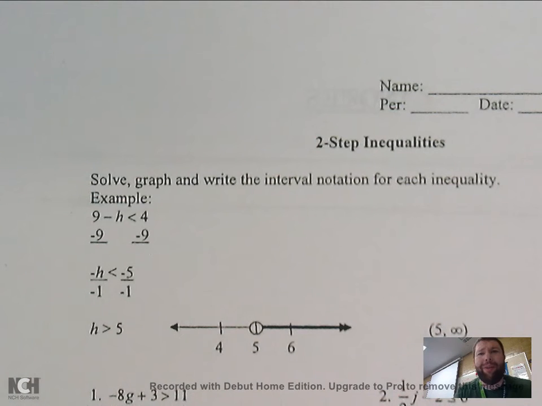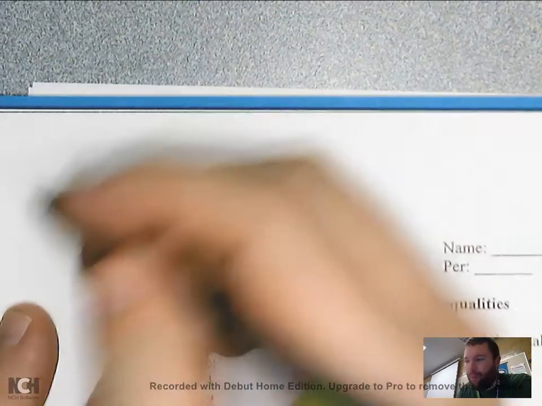But solving inequalities is going to be pretty much the exact same as with equations, with one big exception. And we're going to call this a big warning right here.